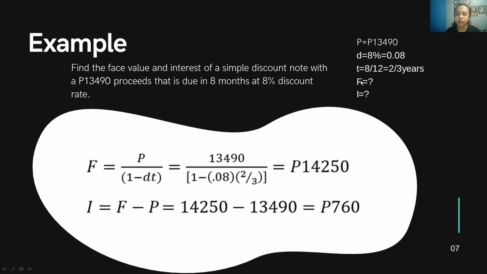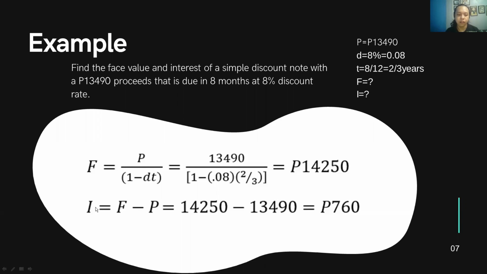First, we must find the face value to get the interest. In finding the face value, we divide proceeds over 1 minus D times T. Substitute 13,490 over 1 minus 0.08 times 2/3 will give us the face value of 14,250 pesos.